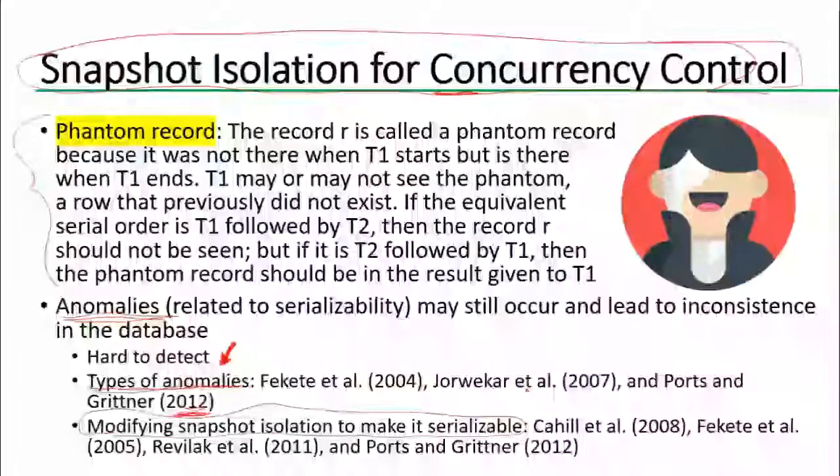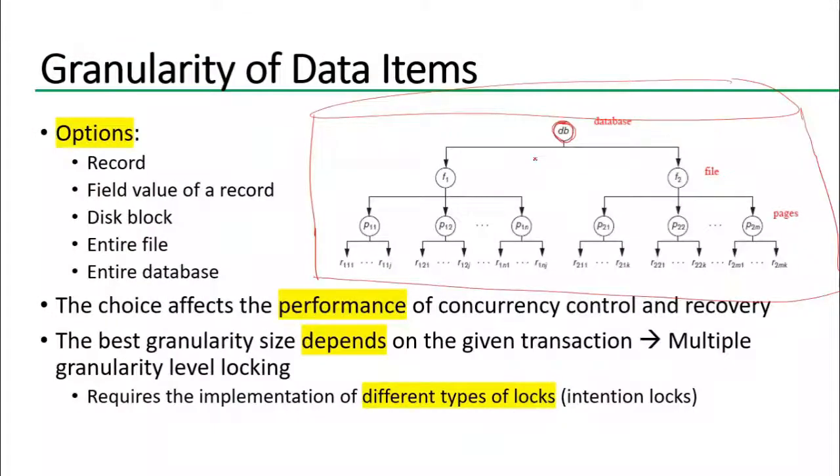Finally, the last point, let's talk about granularity of data items. So there is some hierarchy in data items. Imagine that we are talking about information on disk. All of this is on disk. So in the disk you have the whole database.